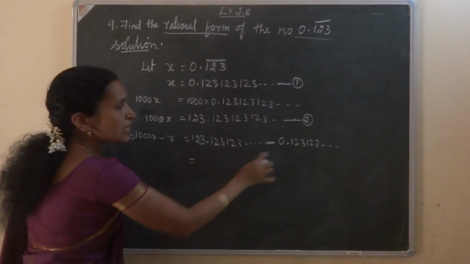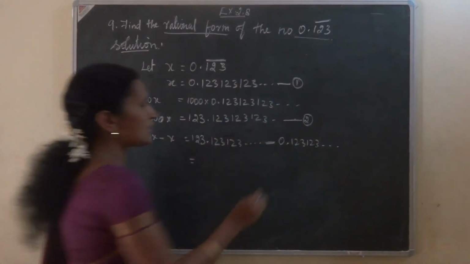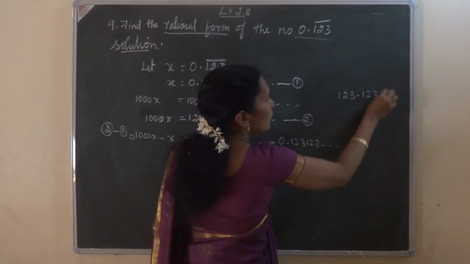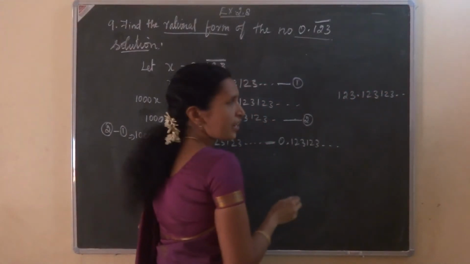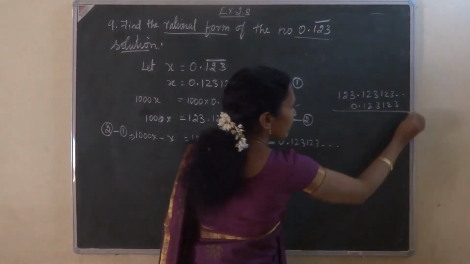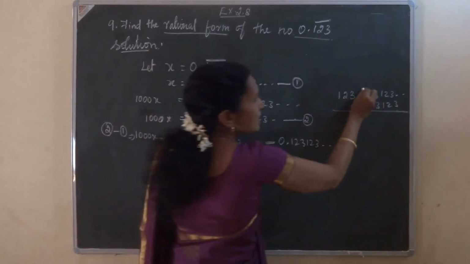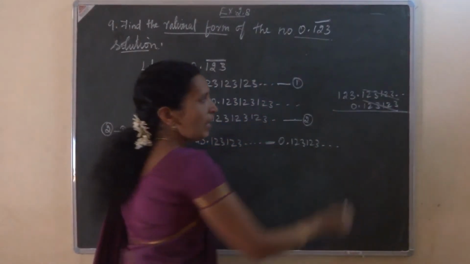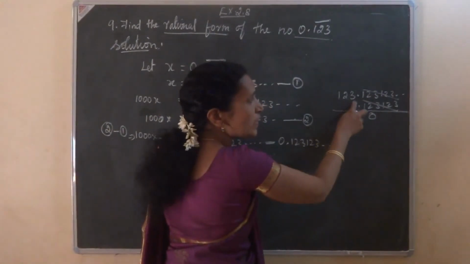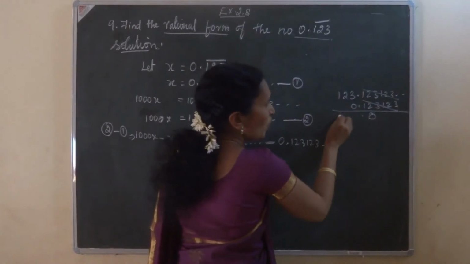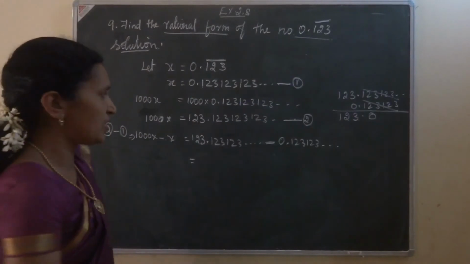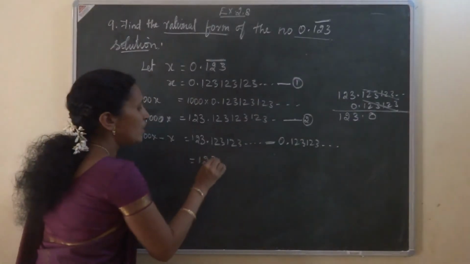So when you subtract these two values, what's the answer you will get? 123.123, 123, etc. and 0.123, 123. When you subtract means here decimal place everything will be cancelled. You will get 0.0. Here when you subtract 123 and 0 you will get 123. So 123.0 you can write 123.